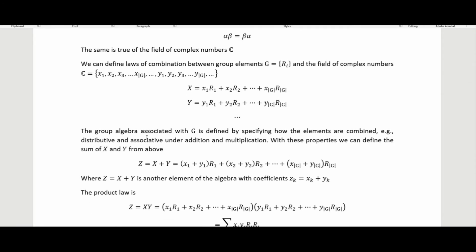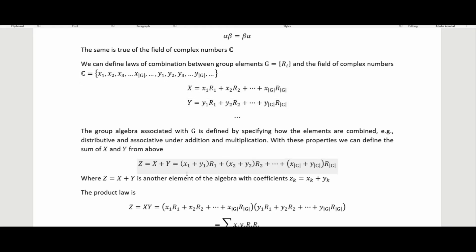So the group algebra associated with G is defined by specifying how the elements are combined. That would mean things like whether it's distributive and associative, under addition and under multiplication. So with these properties, we can define the sum of x and y up here.